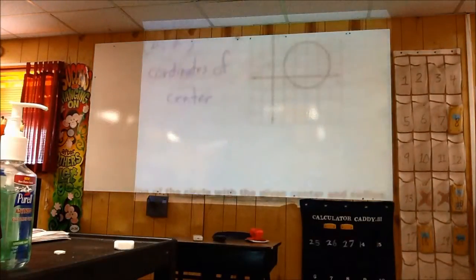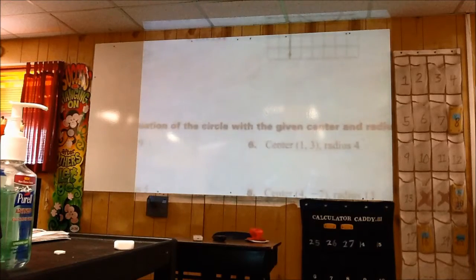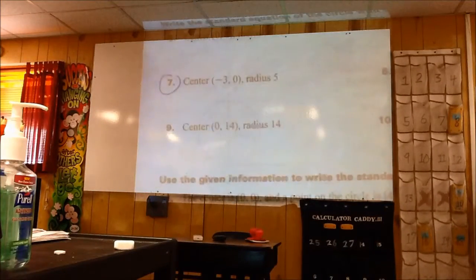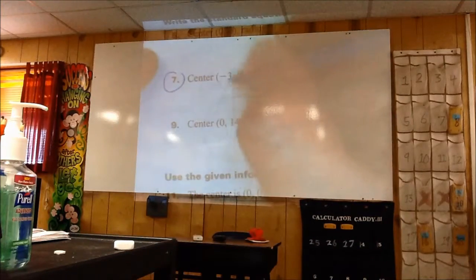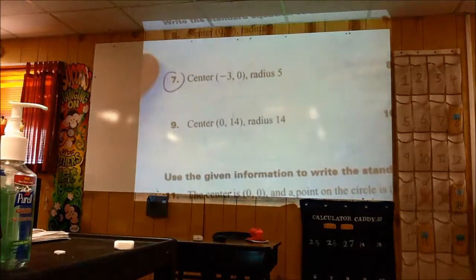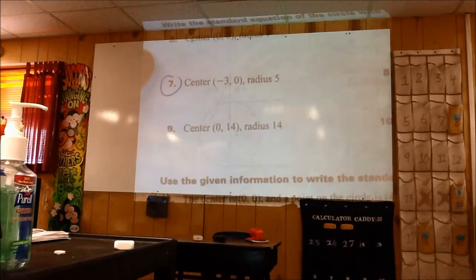So, if that's the case, we'll do number 7 together. We're just going to plug these values into the equation of a circle. And so the equation is x minus h. Well, h is the x coordinate of my center.